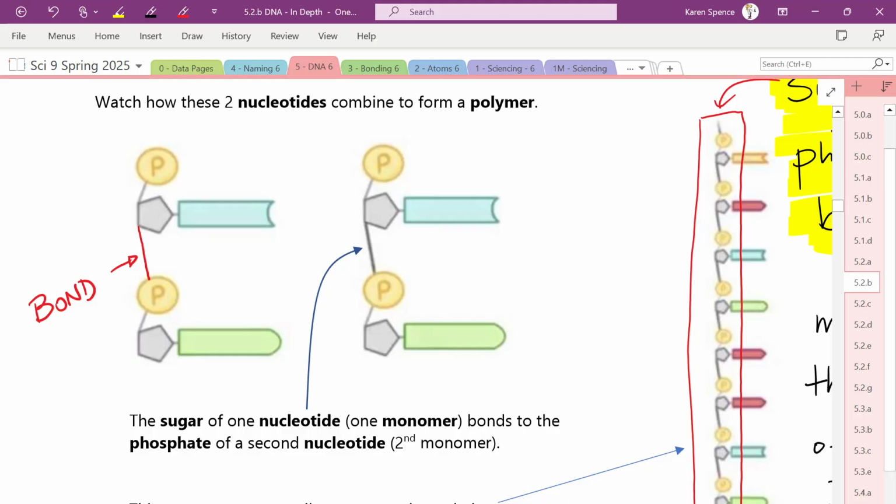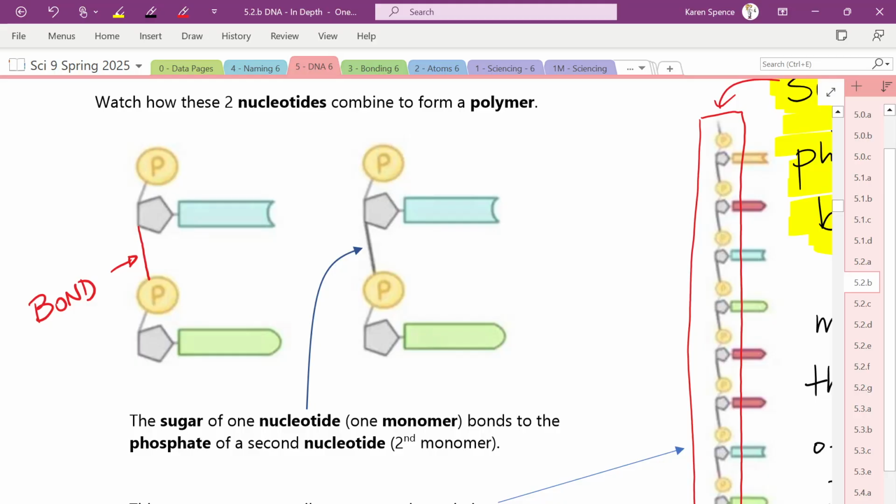What do we call the thing that goes down our back that keeps us nice and straight and upright? Spine. We call it a spine. We also call it a, starts with a B, backbone. Yeah? What keeps the DNA nice and supported is another kind of backbone.